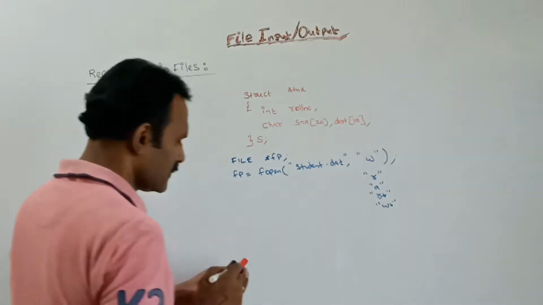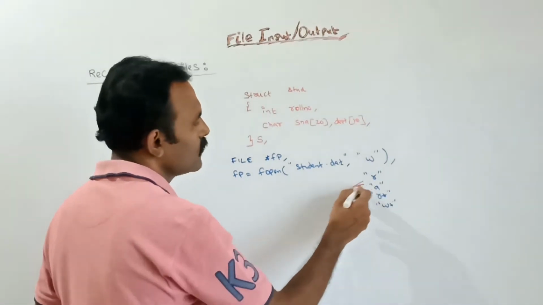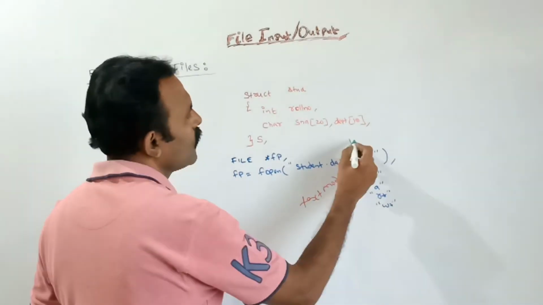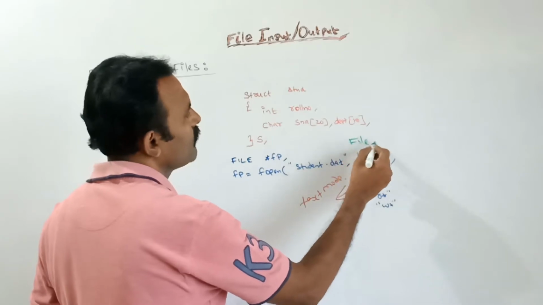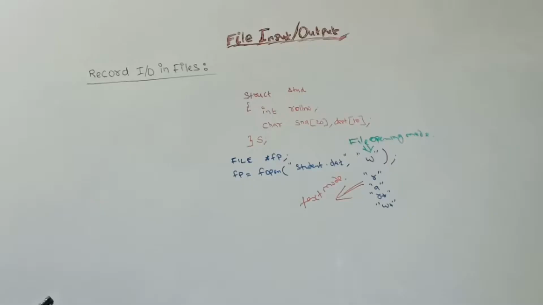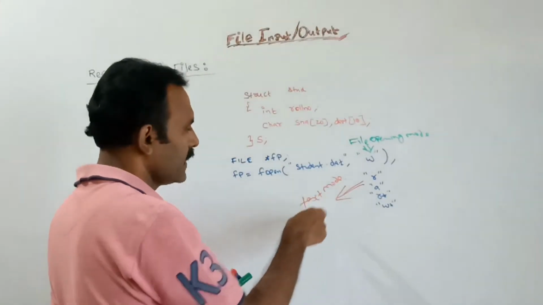These we have already seen. This is known as text mode, the file opening mode. So there are two types of mode: one is text mode, next one is binary mode.